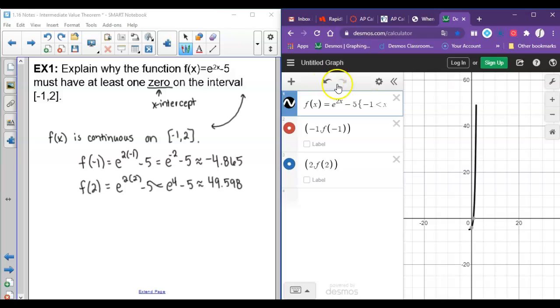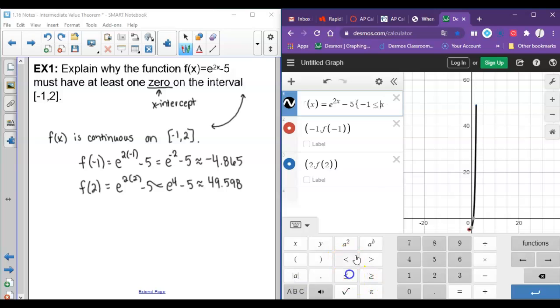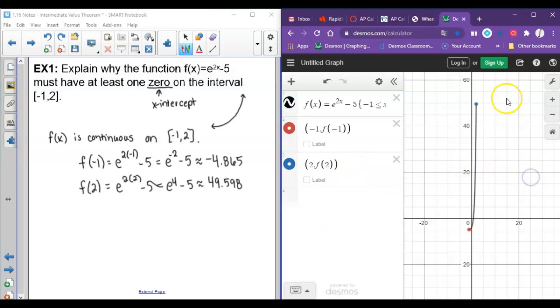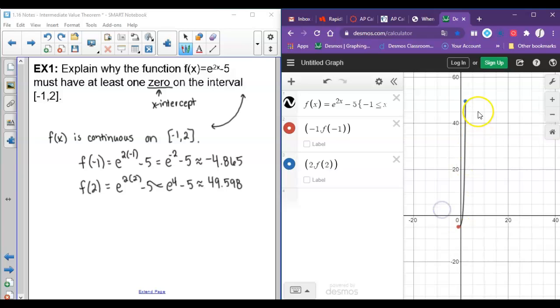Oh, shoot. I do need the or equal to. How do I do that? Let's see. Less than or equal to. And less than or equal to. Okay. That way our points will show up here. And so we're really only looking at this section right here. And so if we're going from this negative value up to this positive value, then you have to cross 0. You have to cross this x-axis right here.